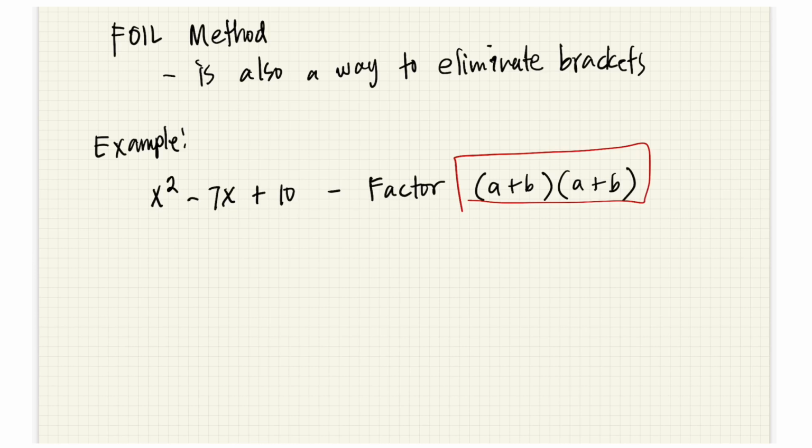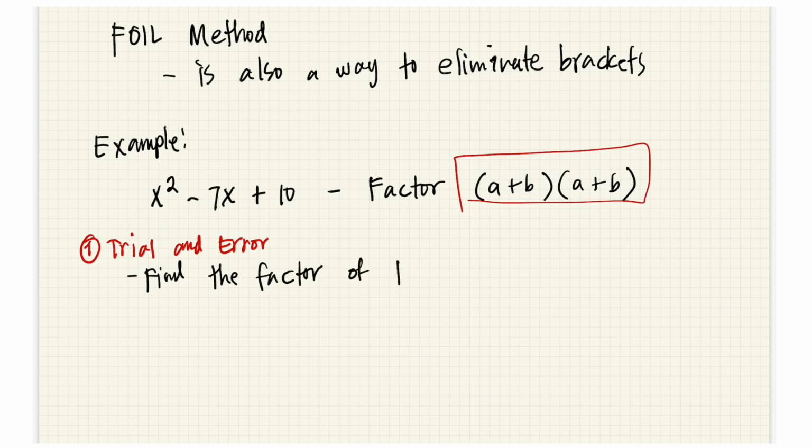The most common method that we use for this trinomial is the first one, we call it trial and error. How do we do trial and error? First, we find the factors of the coefficients in the trinomial.